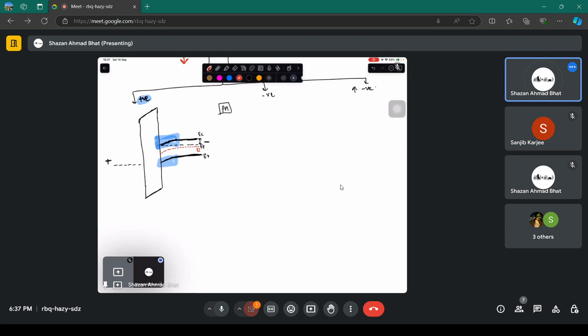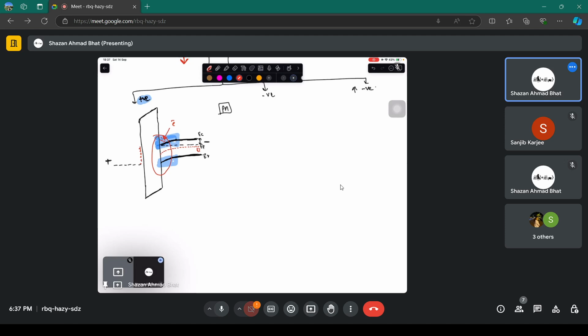So what does it mean is that near this particular region, if there are, let's say, positive charges here and there are electrons here, electrons can easily stay at this particular region because the electrostatic potential at this region is lower as compared to that of the bulk. So that's what the band bending basically tells you.